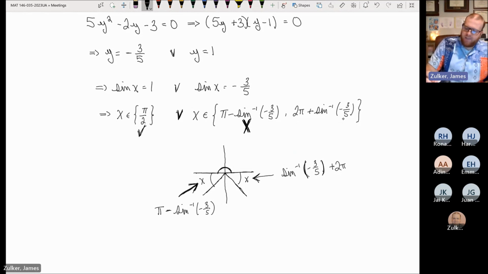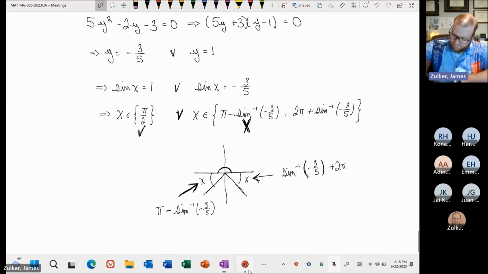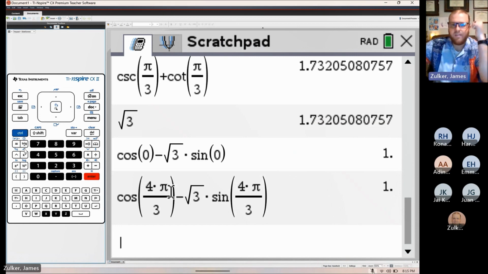All that's left is to check this one right here. And we can ignore the 2 pi.